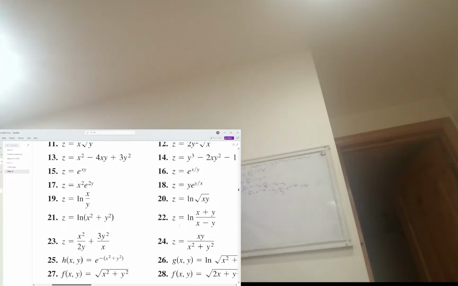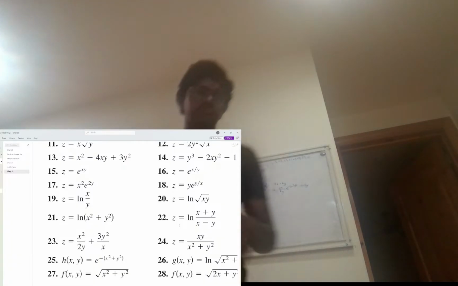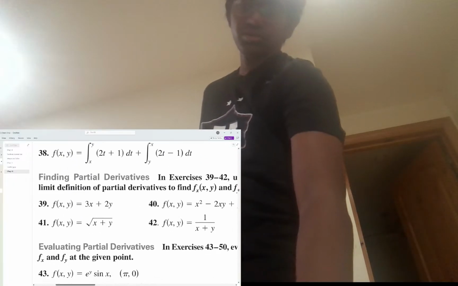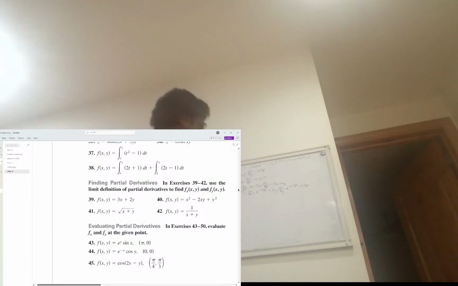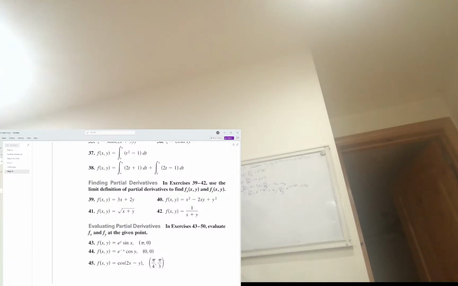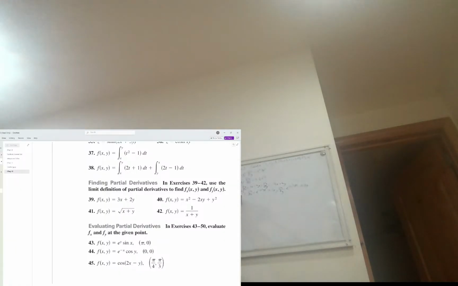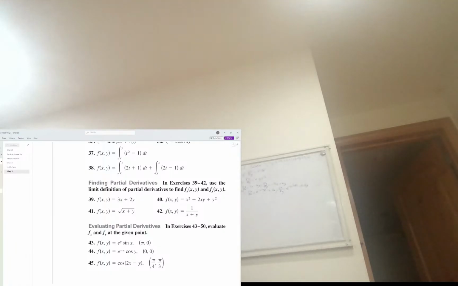43. Evaluate f sub x and f sub y at the given point. Let's go. f sub x is going to be equal to e to the y multiplied by cosine of x. f sub y is going to be equal to e to the y times sine of x.